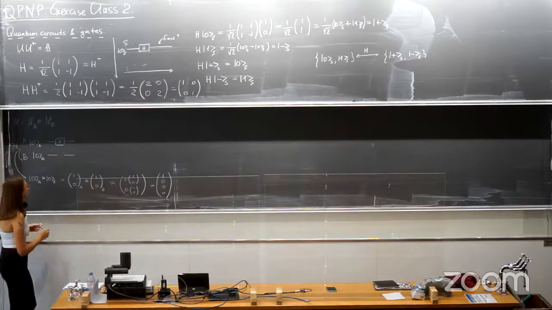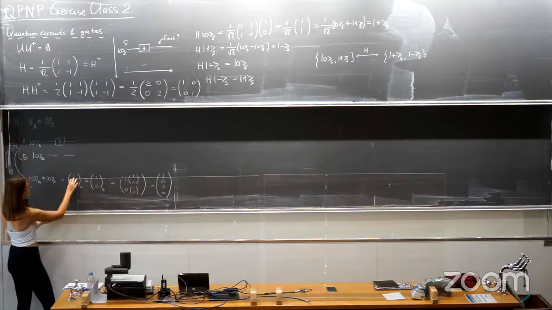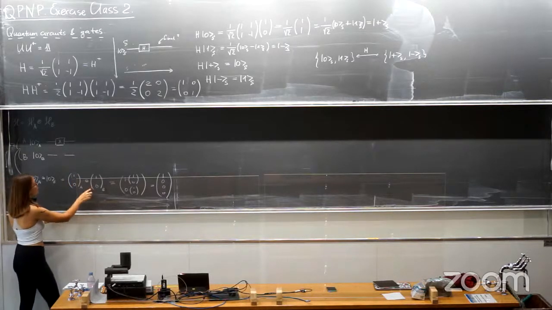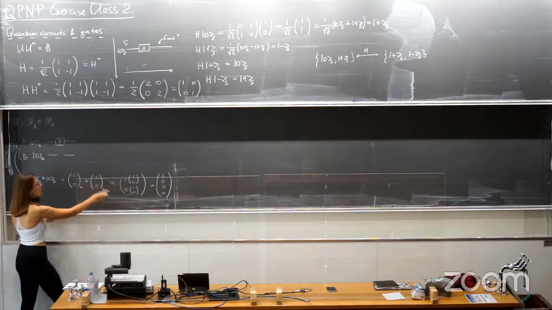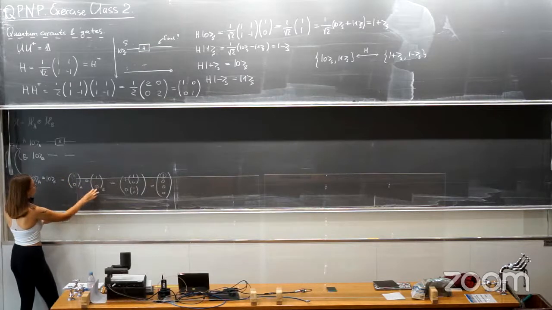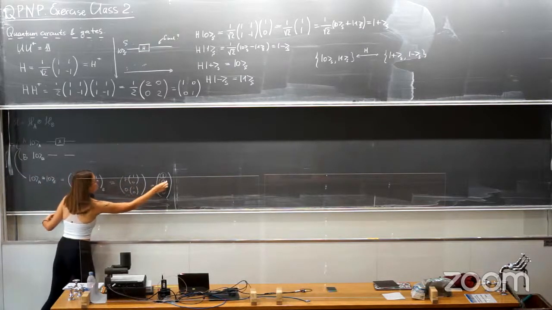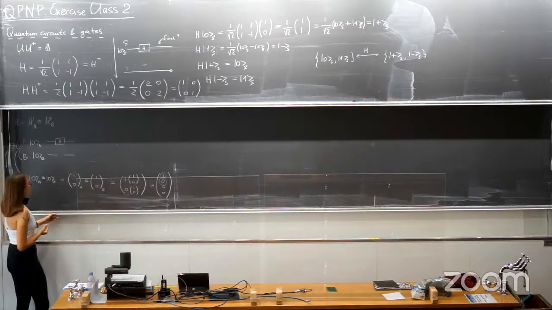Okay, yes, I'll make a bit more examples on that later, but let me consider this example. We take the first component of the first vector and multiply it by the first component of the second vector. So we get this one. Then we multiply it by the second component of the second vector. So here we get 0.